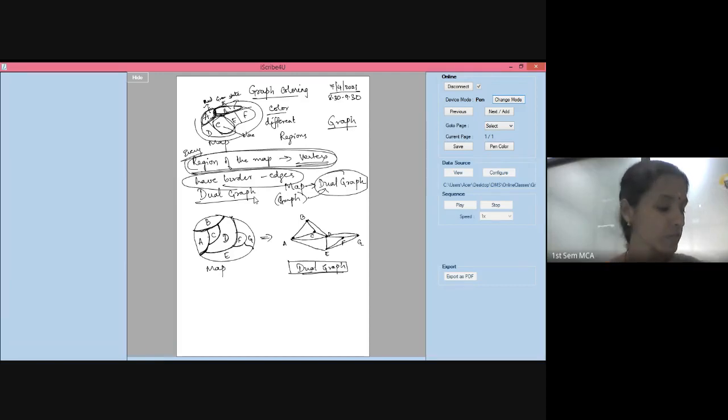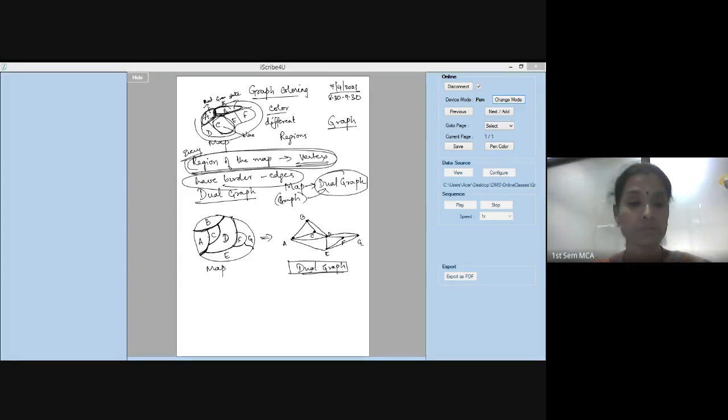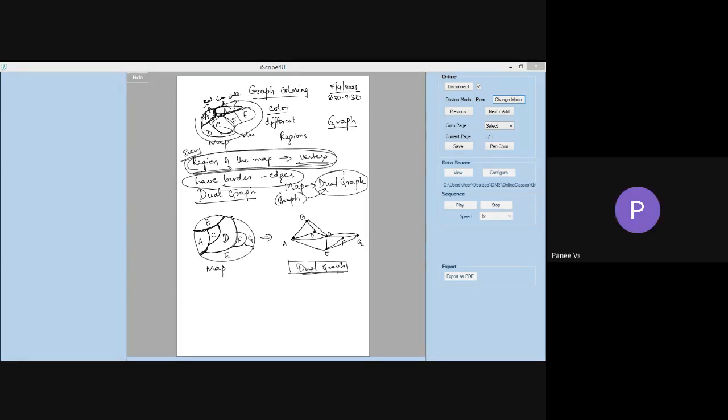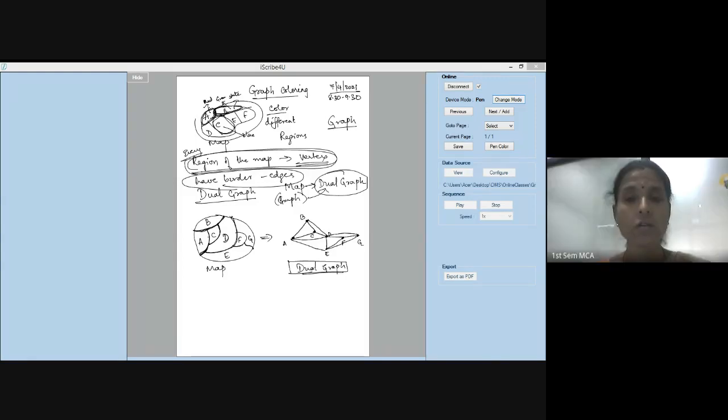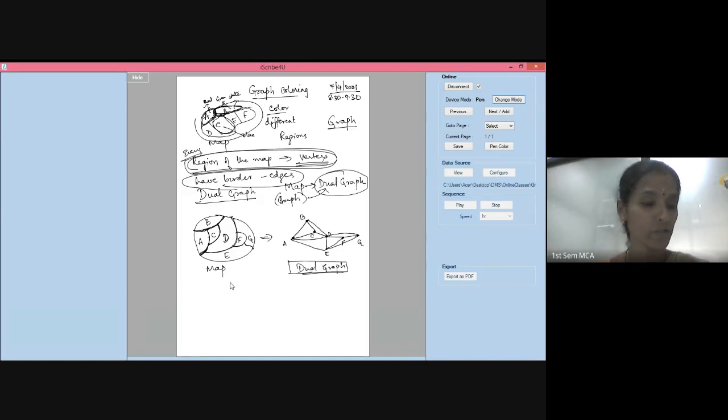Any doubts, anyone? No, ma'am. All right, so let us take one more example and then try to see how we can draw another dual graph. Take this map.